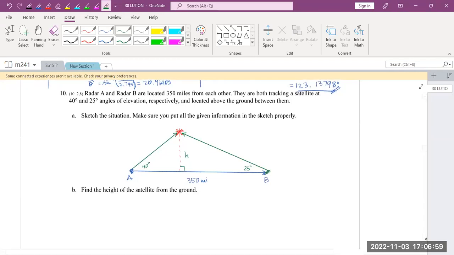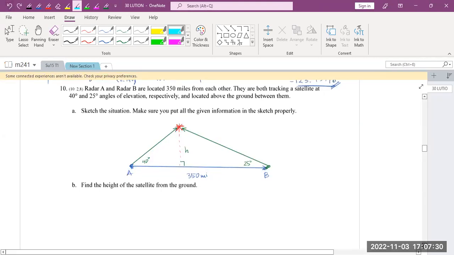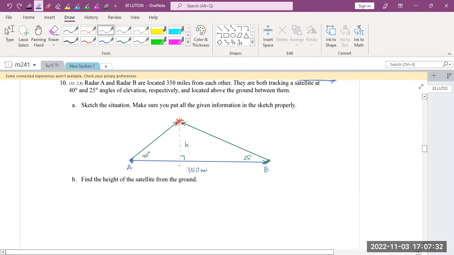Now, there's no single step to do this, no. Welcome to higher education trigonometry class that is transferable to university level. This is not high school level. Now the way we will do it, I will break this diagram into 2 right triangles. This is the first right triangle, and this is the second right triangle. In the first right triangle, let's call this point D, the point right below the satellite.